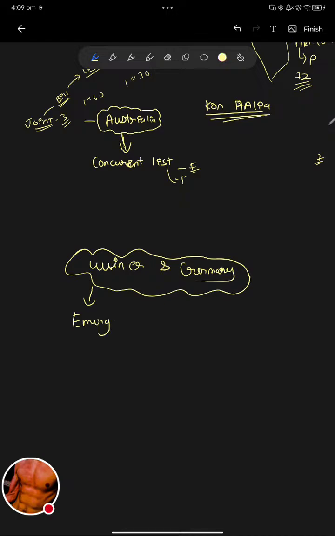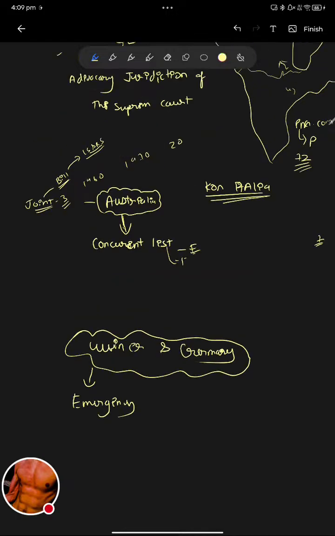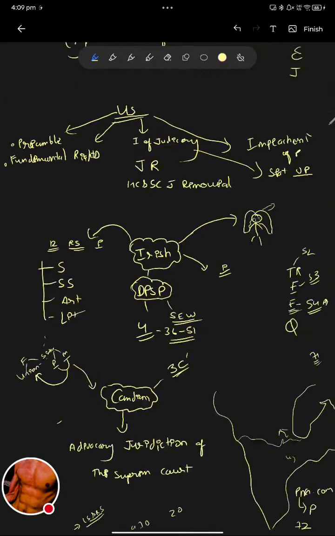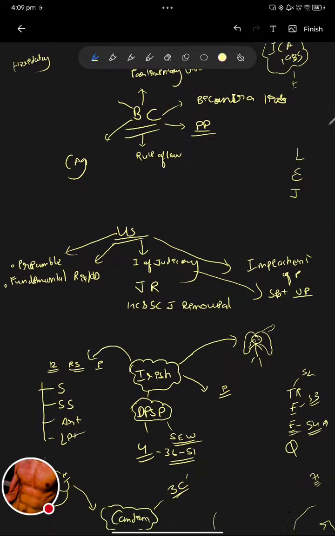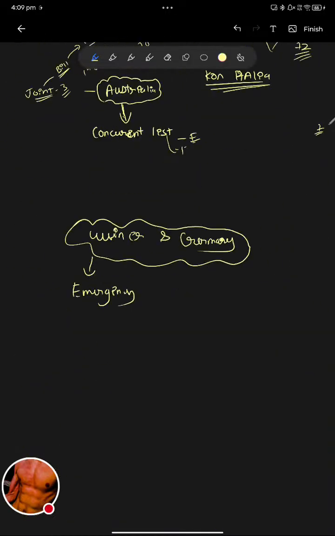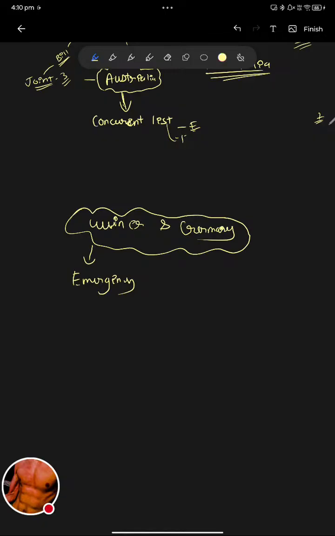So emergency, but if you remember, emergency, as I told you, was in the Indian Constitutional Act of 1935, which was in the previous slide. In that I have also written emergency, and I told you that is the all emergency. But this emergency is on if any of your fundamental rights has been violated, then you can issue an emergency on them.